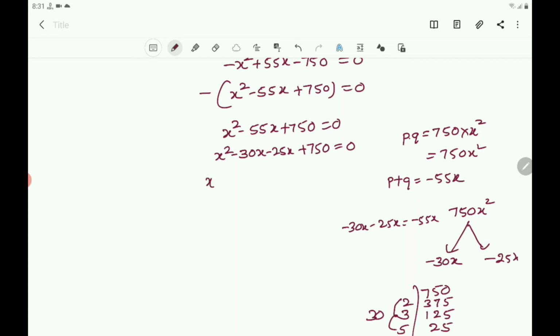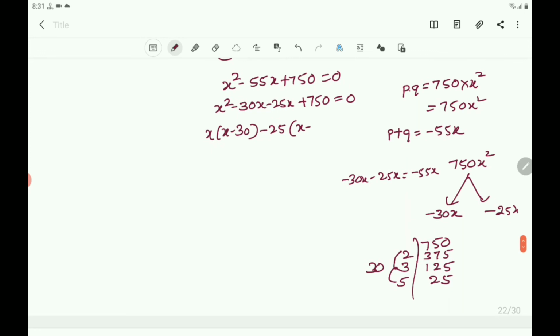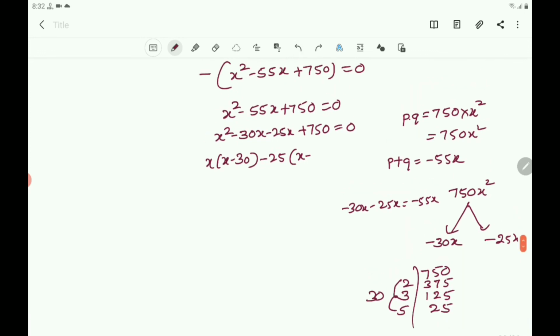Then it is x into x minus 30, minus 25 into x minus 30, since 25 times 30 is 750. Then x minus 30 is the common factor, into x minus 25 equals 0.